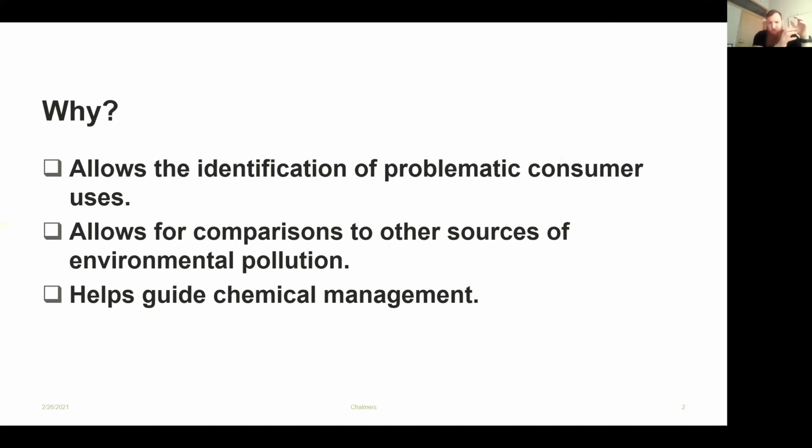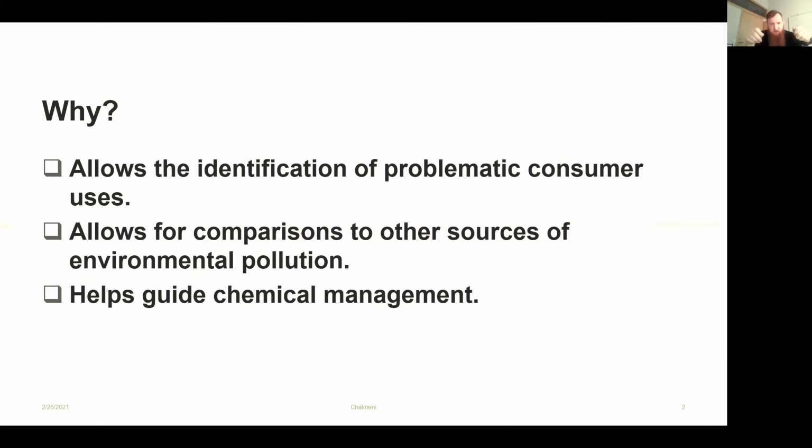And also by breaking out the consumer use, or the consumer sphere, if that's what you want to call it, that allows for a comparison to other sources of environmental pollution, such as agriculture or shipping, or basically any other activity that is ongoing.